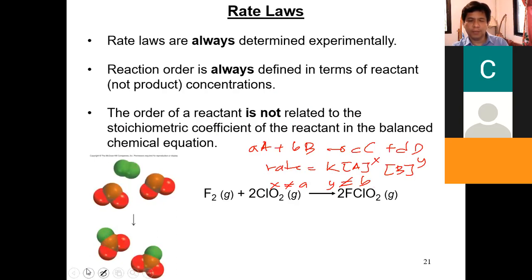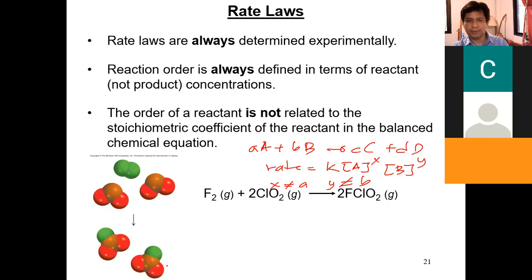So kumukha nung sinolve natin, F2 plus chlorine dioxide. So gases, fluorine gas plus chlorine dioxide, the product would be fluoryl chlorite, FClO2.